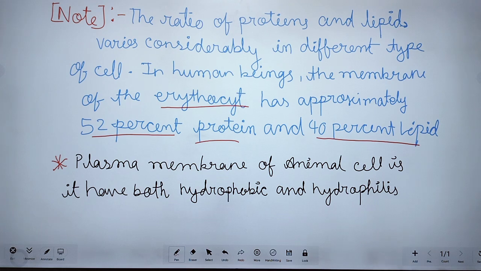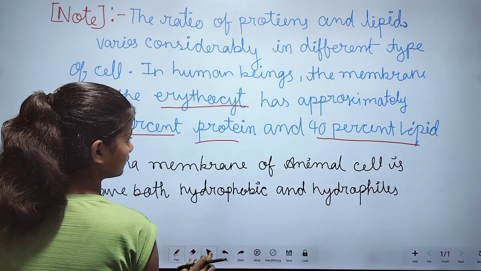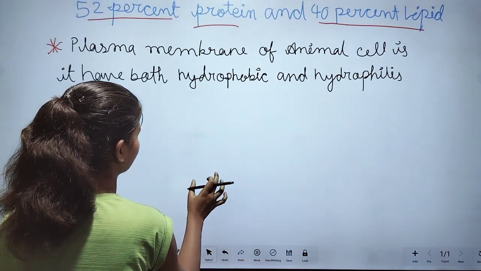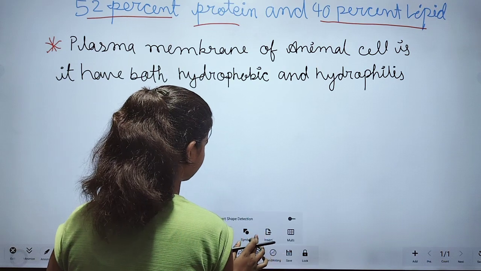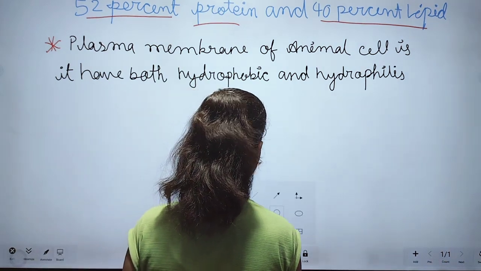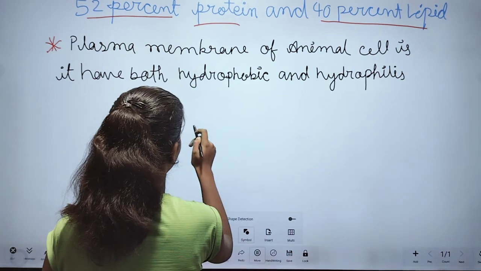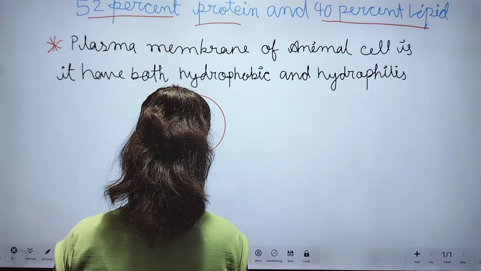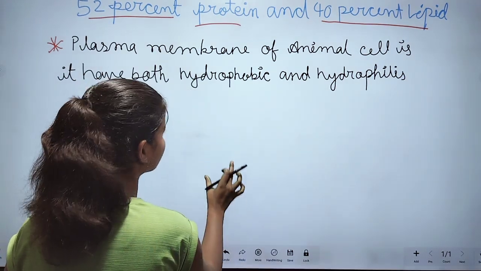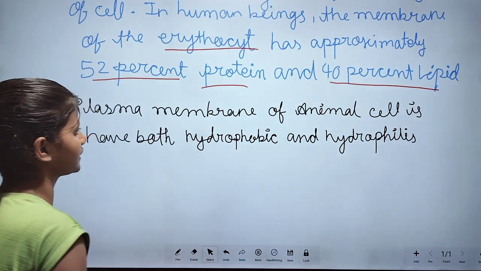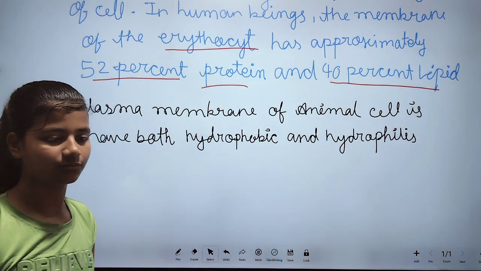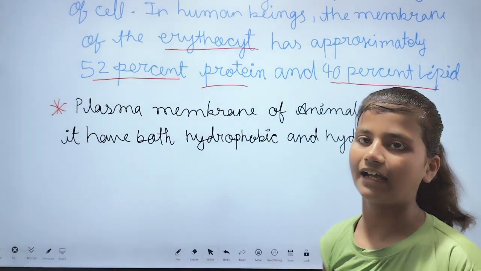Now let's see the structure of phospholipid. Okay, so I hope you understand this point that the plasma membrane of animal cell has both hydrophobic and hydrophilic.